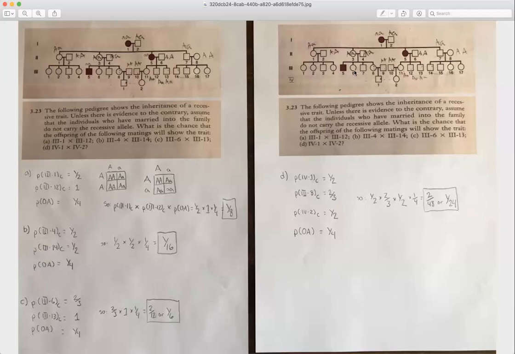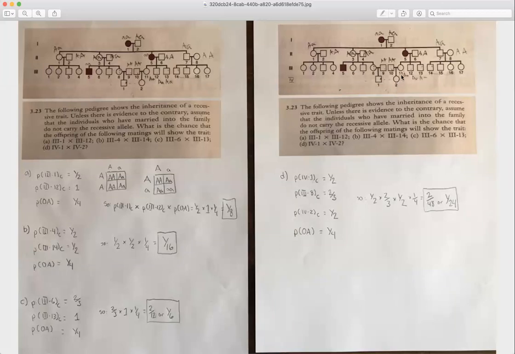We'd come here, 3,8. The probability that 3,8, just like we did just barely, is a carrier is 2/3. Now, if 3,8 is a carrier, big A, little a, and it's getting together with the big A, the probability that 4,1 now is a carrier is 1/2. So we've calculated the probability of both of those events. Now let's move on to 4,2. What's the probability that 4,2 is a carrier?